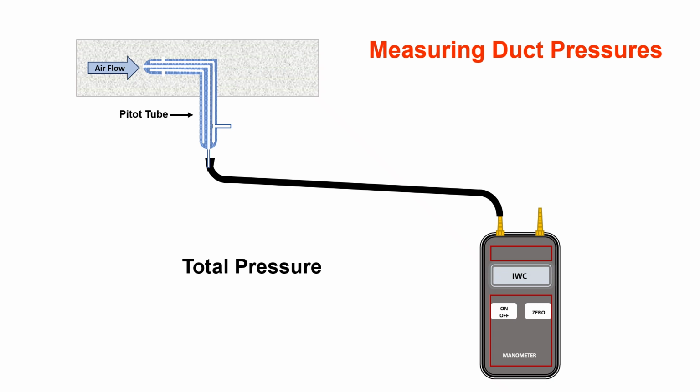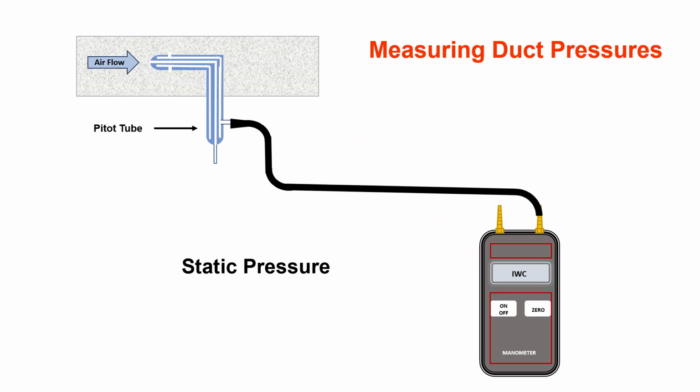In this drawing, the correct method of measuring total pressure is shown. Note the airflow is moving directly into the inner tube of the pitot tube, which is connected to the manometer. In this drawing, the correct method of reading static pressure is shown.